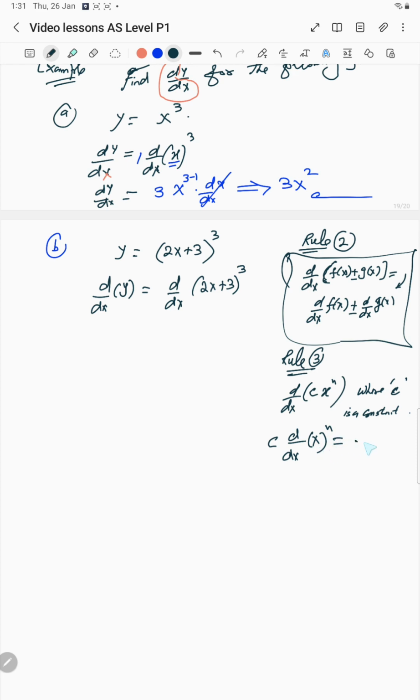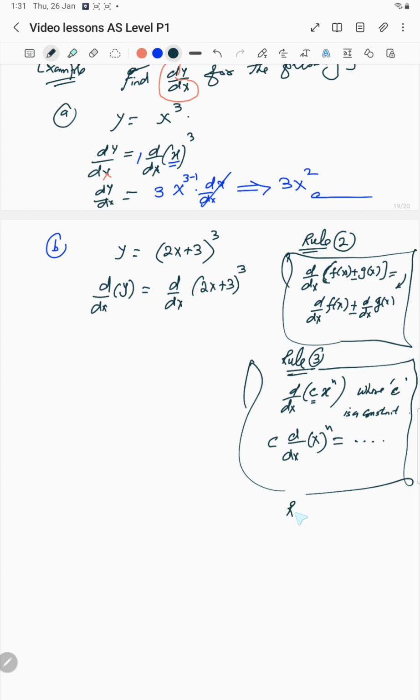As in rule 1 you can get the answer. In this rule, I'm just telling you that whenever you see a constant multiplying the function, the variable, take the constant out before you differentiate, right?